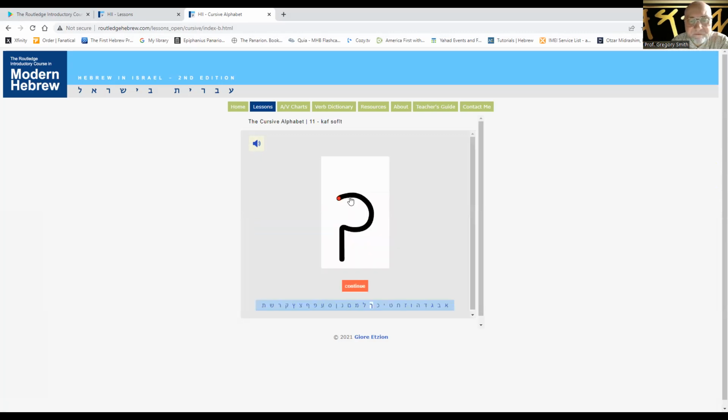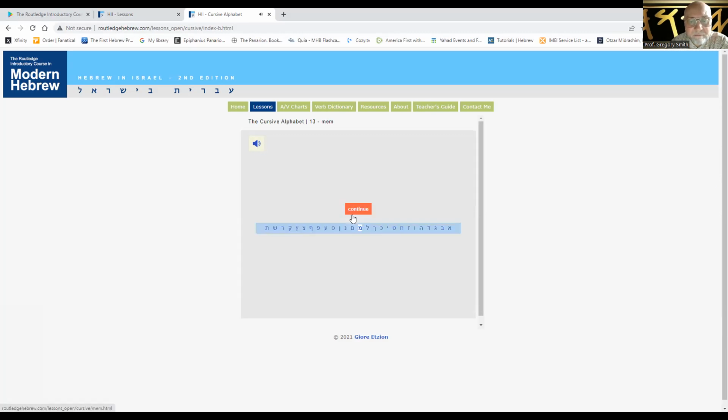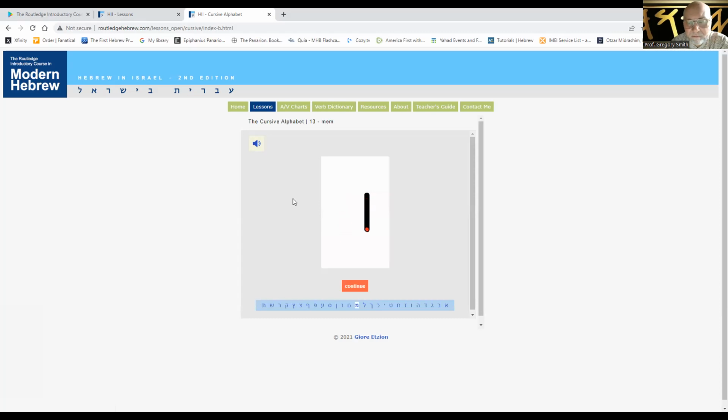Look at this Kaf Sofit. Looks like some kind of a threshing instrument. Lamed. Okay. Noon. Mem. Oh, that's a mem. That's not a noon. Okay.